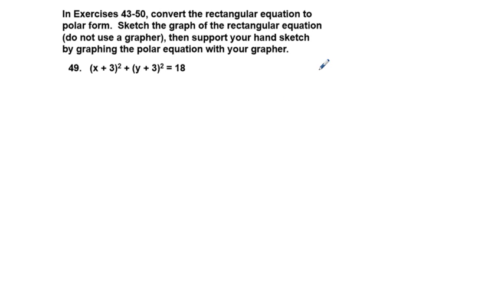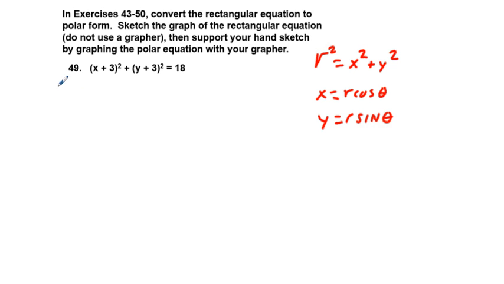We're going to have r squared is equal to x squared plus y squared, and then x is equal to r cosine theta, and y is equal to r sine theta. Okay, this equation rewritten here is quantity x minus 3 squared plus quantity y plus 3 squared, and that's going to be equal to 18.